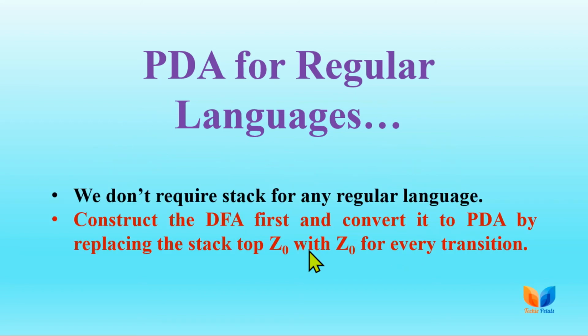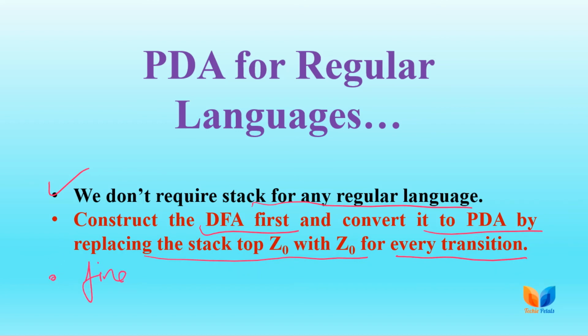So here we have two steps, as we do not require a stack for any regular language: construct the DFA and convert it to a PDA by replacing the Z0 with Z0 for every transition, and lastly show the final acceptance, either by the empty stack or by the final state.